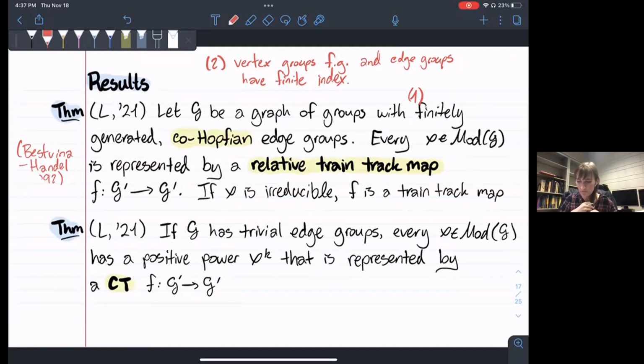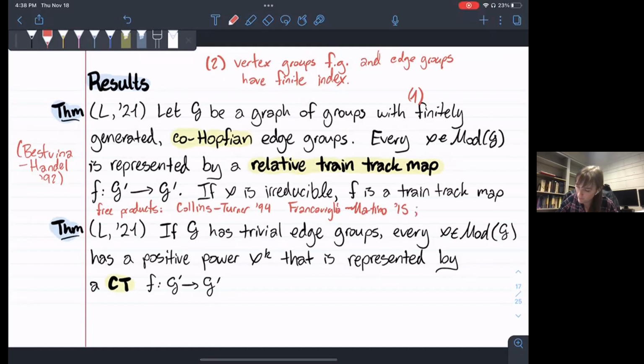So some things to note about this theorem. For free products, this theorem is not new. It was first done by Collins and Turner in '94, and more recently by Francaviglia and Martino in, I think, 2015, I could be wrong, using different methods, but they both give relative train track maps for free products.